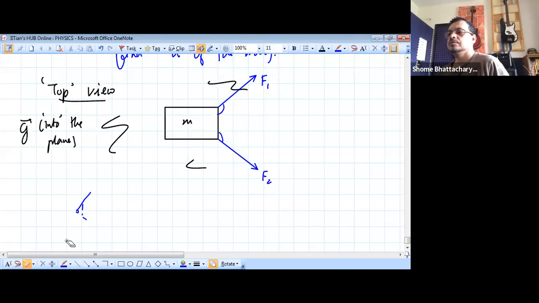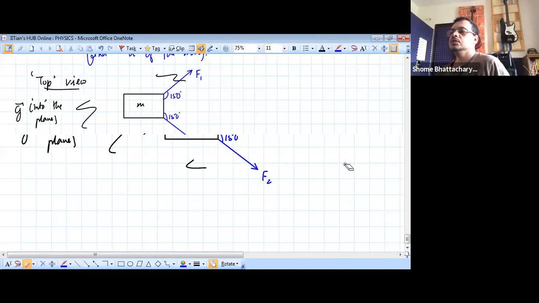Just a minute. So these angles are 150 degrees each. Okay, and both are of the magnitude given to us in the question. Okay, just try this out now.